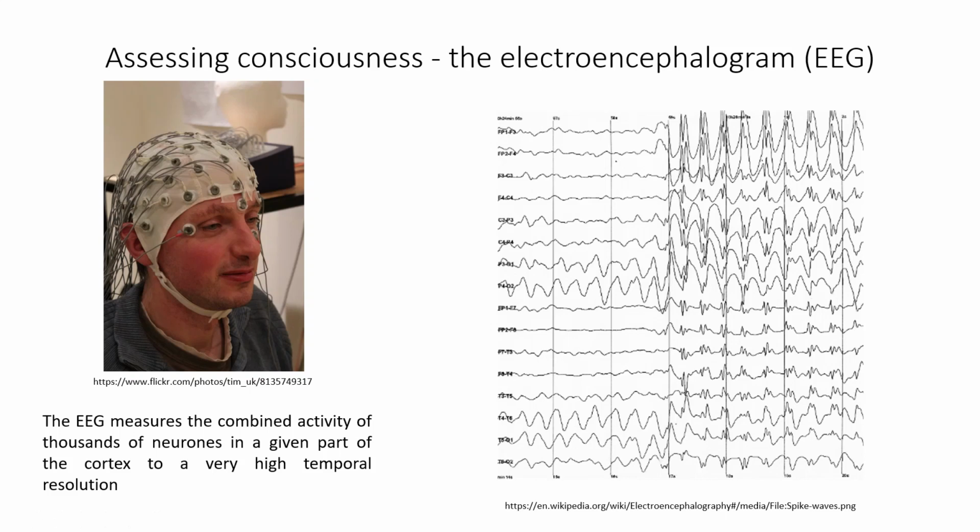However, it has very poor spatial resolution, so in terms of using EEG to localise lesions, it's not all that good, because it's looking at the summed activity of thousands of neurons, in fact probably more like hundreds of thousands of neurons in a given part of the cortex. We're going to look at the EEG in a little bit more detail later on when we consider the stages of sleep. But that's all I want you to know about the EEG.